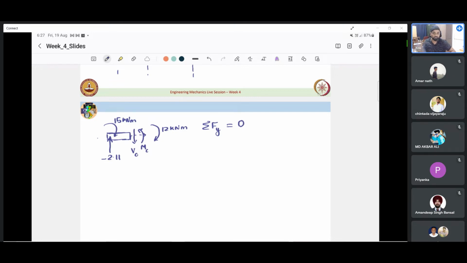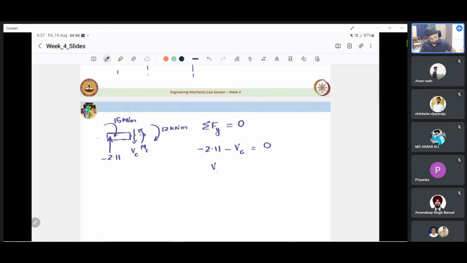That is what we saw in week 2. Even the subsystem has to be in equilibrium. So we have minus 2.11. Is there any other force that is applied? Mind you, the 15 kilonewton meter and 12 kilonewton meter are couples, they are not forces. Is there anything else that we have not accounted for? VC we have not accounted for. So with VC pointing downwards, minus VC equals 0.